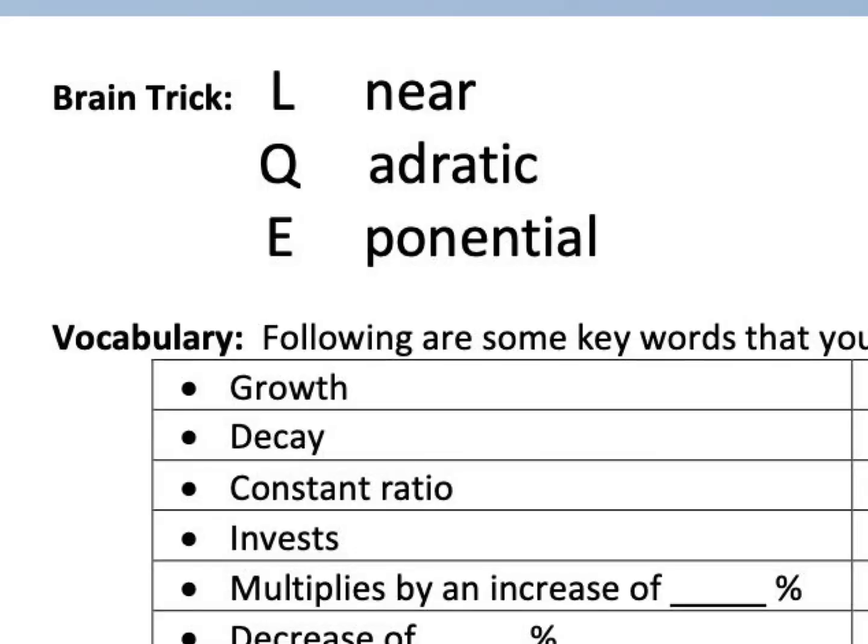Just a little quick brain trick to keep track of the 3 types of graphs we're going to talk about this year. So linear, our graph is in fact just a line. In the spring, we're talking about quadratic. So we're going to put a U there. A quadratic is going to be a U-shaped graph where it goes down and then back up, or it goes up and comes back down.